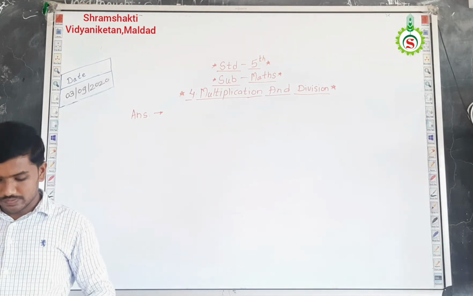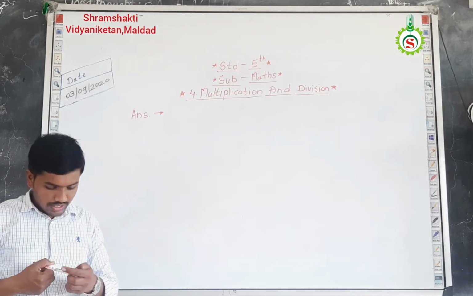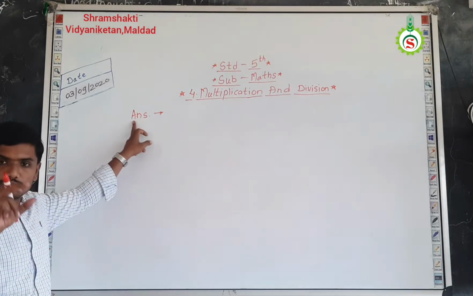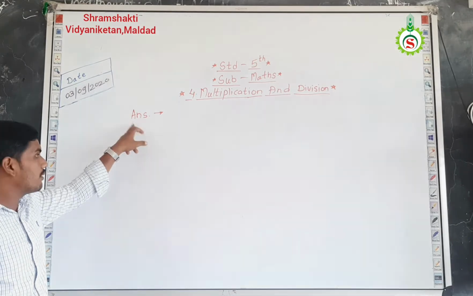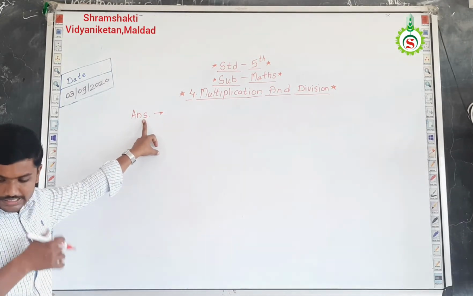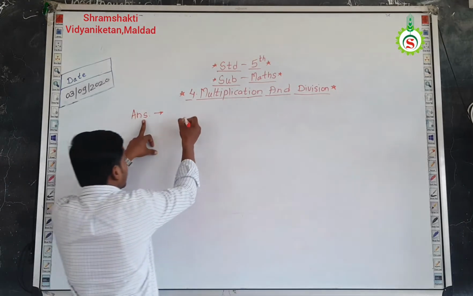So first we will write the given data into the answer. First you have to write down the given word problem, and below that you have to write the answer. So total number of medicinal trees 250.